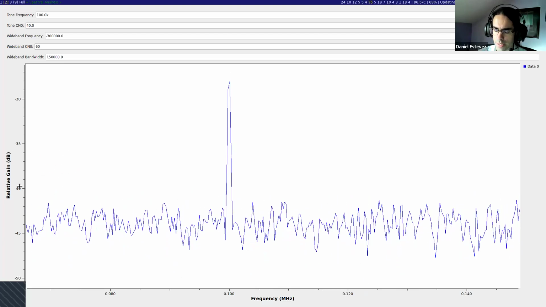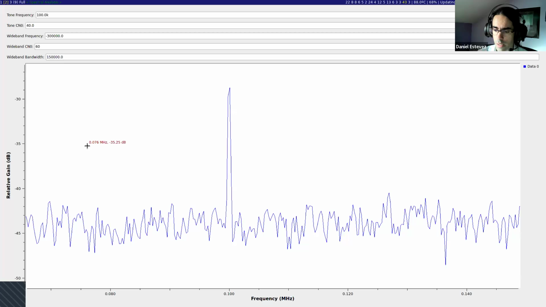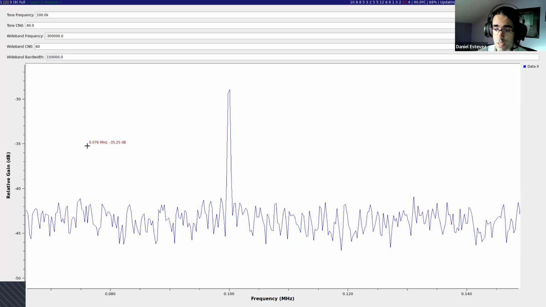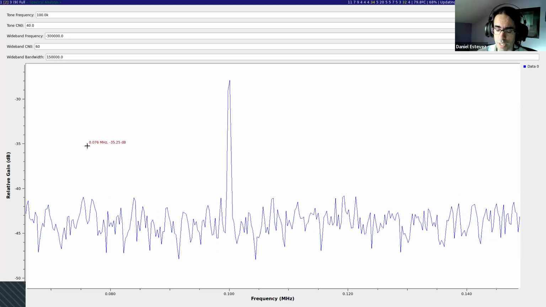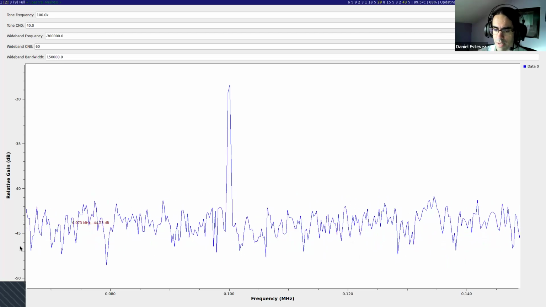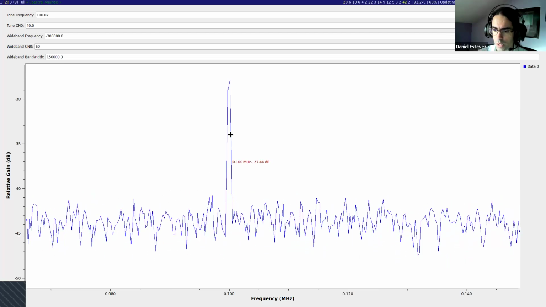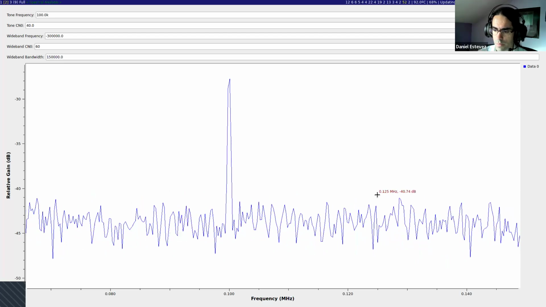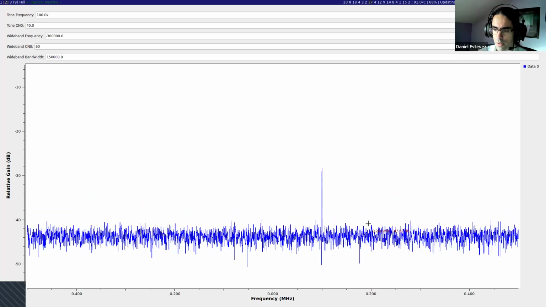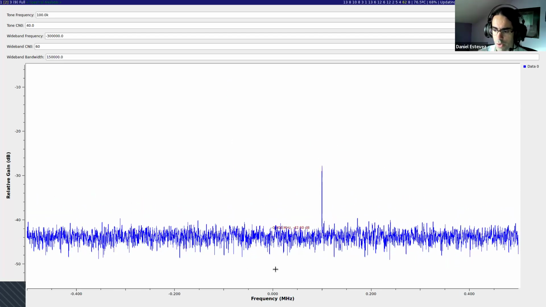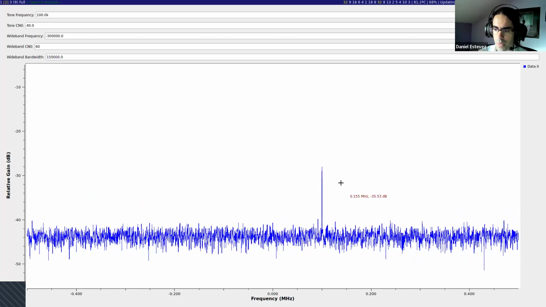Not in dB units, I would need to use linear power units, so not decibel, linear units, but nevertheless, to compute power, I need to integrate all of this. So it's basically the integral of the frequency domain over the region that we are interested in measuring the power of.